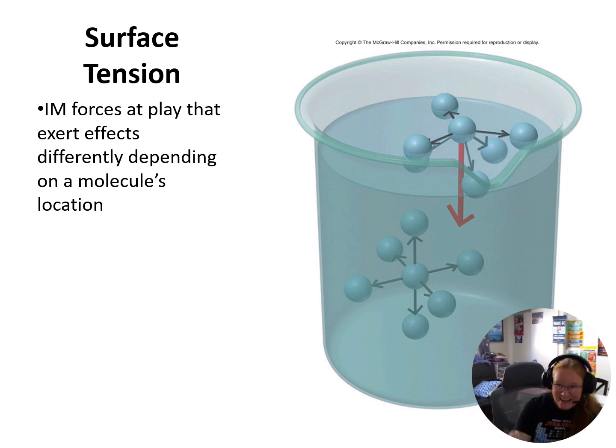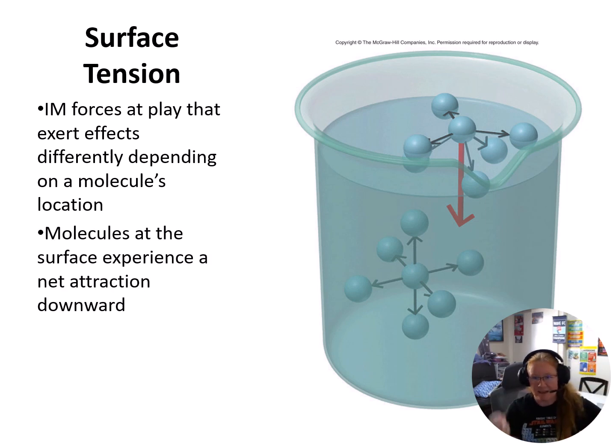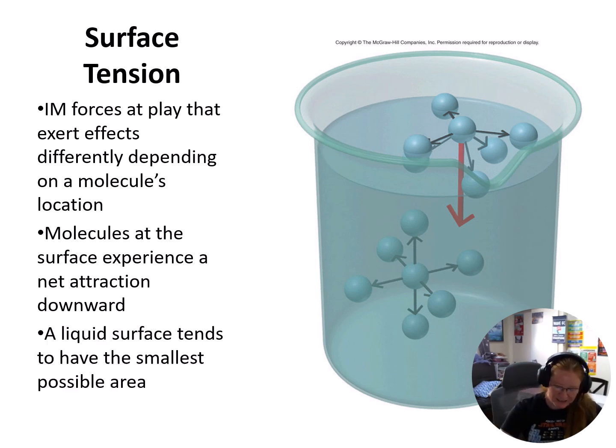And so they feel this net attraction downward, because they're not being acted on by anything on top. And so they'll move into the interior to increase the attractions and become more stable on all sides. A liquid surface tends to have the smallest possible surface area, and so it behaves like a skin covering the interior.